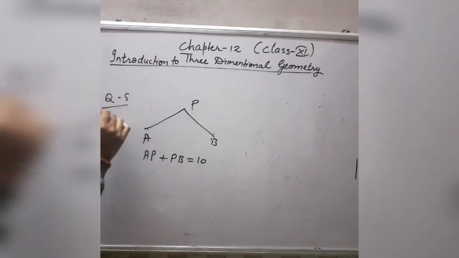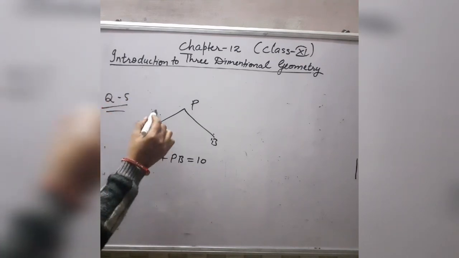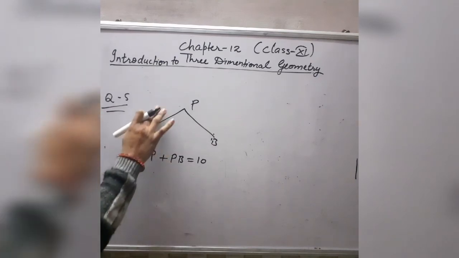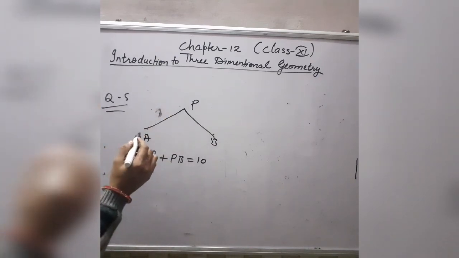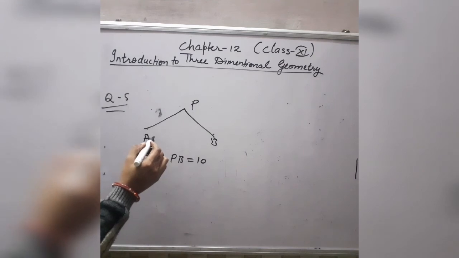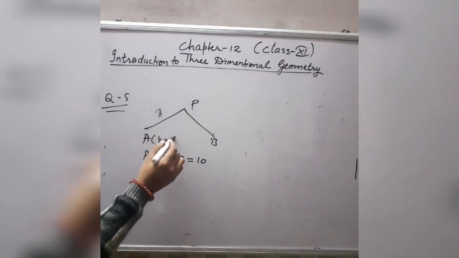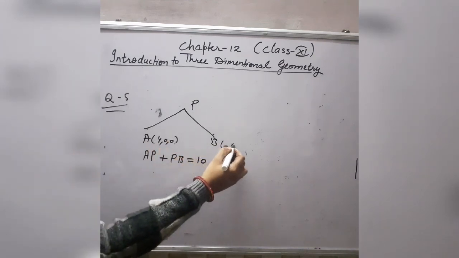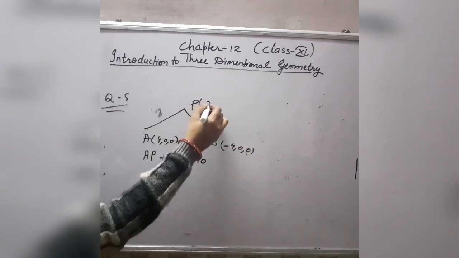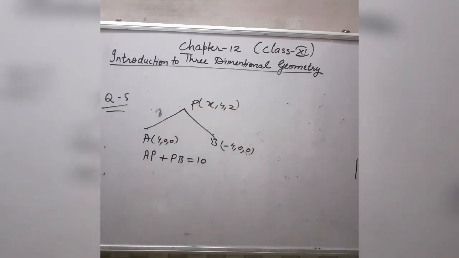So here also by using the distance formula you will find the value of distance AP. What is AP distance? Coordinates of point A given to you are (4, 0, 0), coordinates of point B are (-4, 0, 0). Let us suppose point P is (x, y, z).